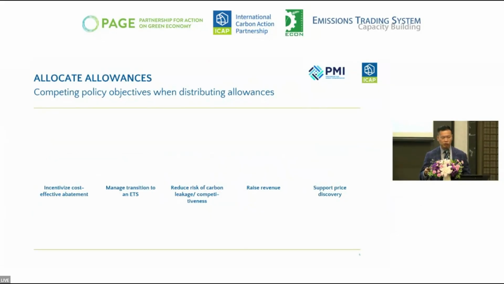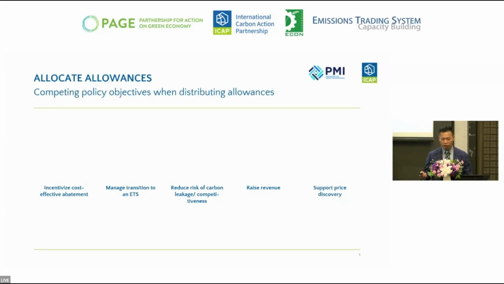We want the covered entities with lower costs to abate, to reduce more than high-cost emitters, so we can reduce the whole society's cost for greenhouse gas emission reduction. That's the first goal. We encourage the cost-efficient abatement.